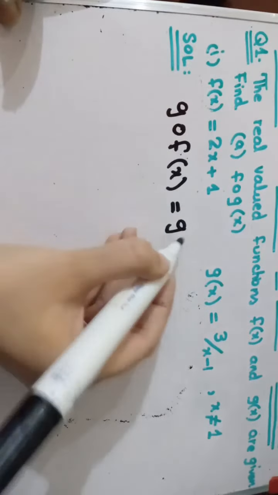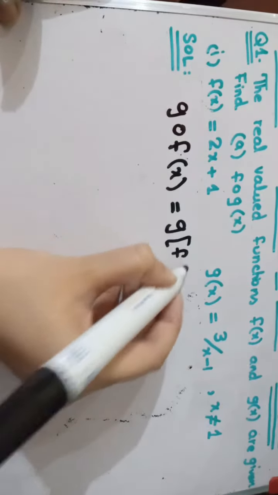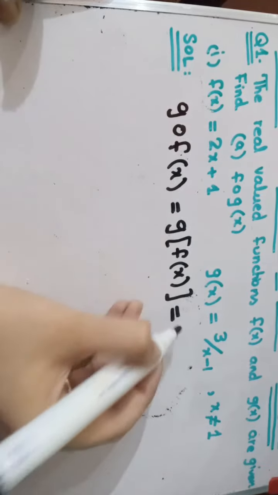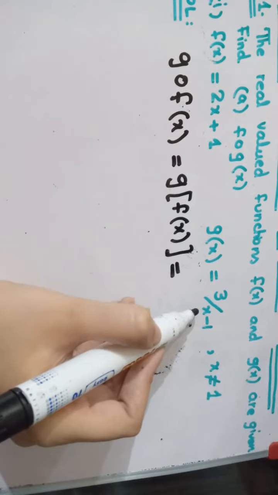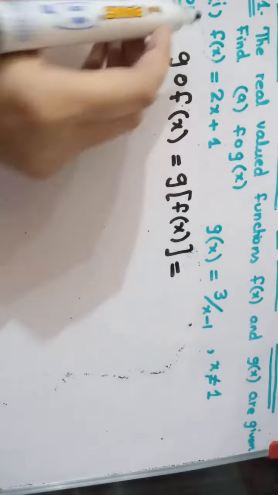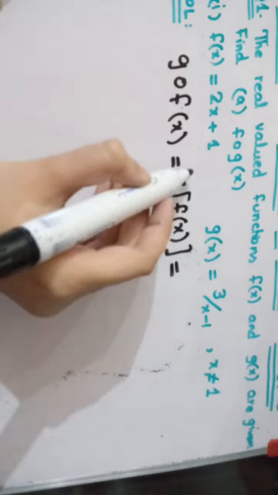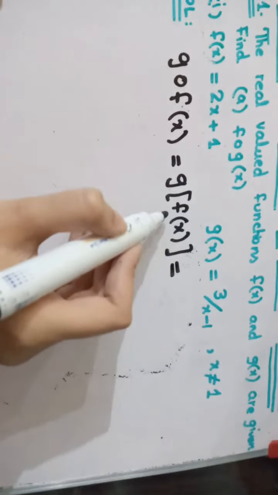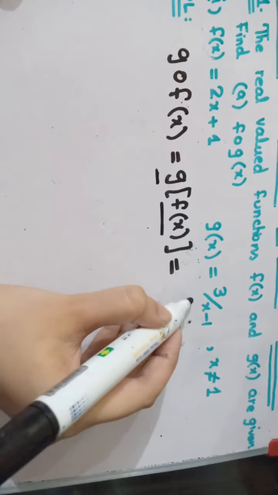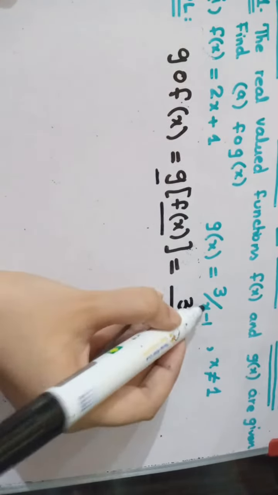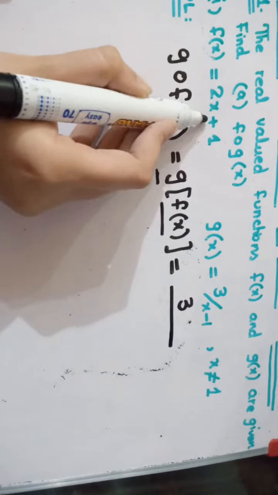Then you can also write it as g of f of x. The value of g is 3 divided by x minus 1. Here you have to put the value of f in g, because g of f means put the value of f in g. So here, 3 divided by the value of f, which is 2x plus 1.